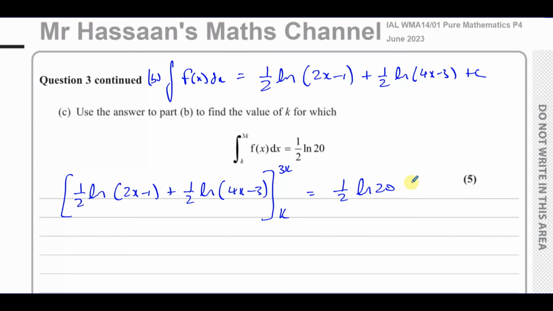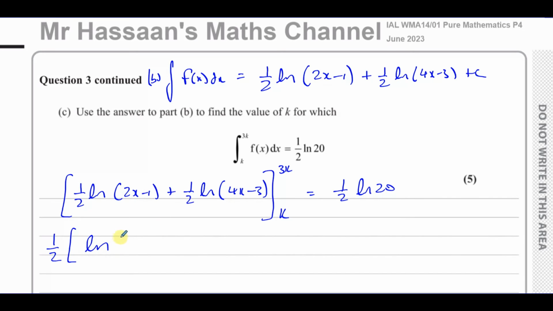Now, I'm going to make life a bit easier for us. I can see there's a common factor of a half, so I'll take that out first. I can also see that inside here we have an addition of ln. Once you take the half out, you'll have ln 2x minus 1 plus ln 4x minus 3, so we can combine them as a product.